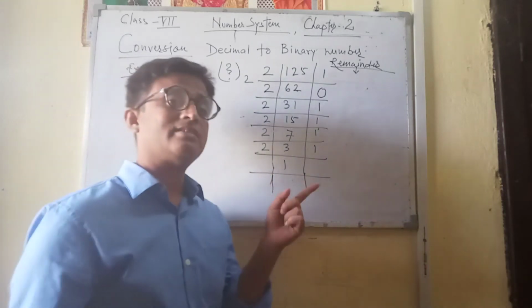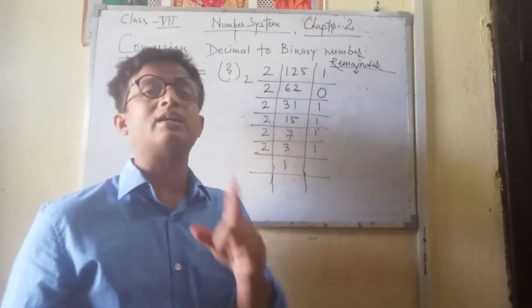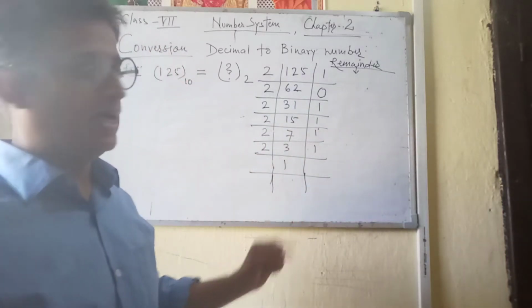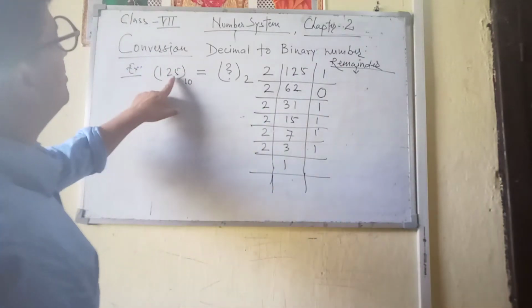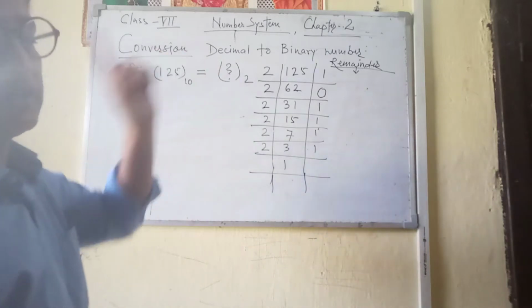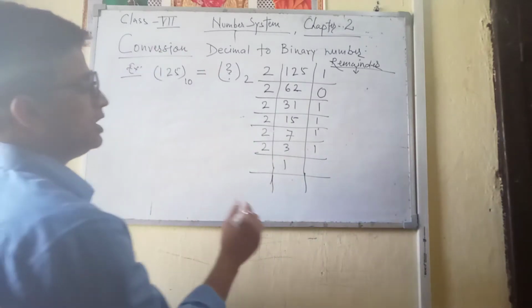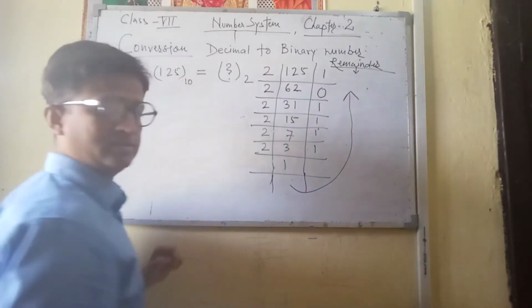Now what I said, you have to divide until you get 0 or 1. Now we have our binary number for this 125 decimal number. How to write it? You have to write it from downward to upward.